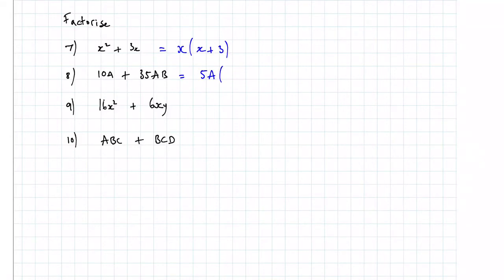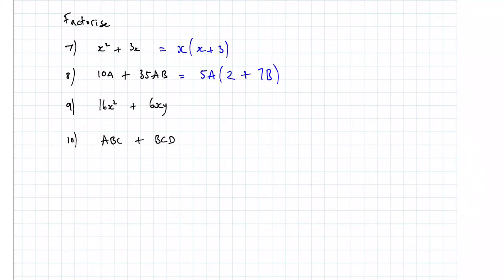Some of you have left that a inside your bracket, which means you've not fully factorised. If you think about how to solve the rest of this problem, 5a multiplies by 2 to make 10a. So actually I want a 2 there. If we do that same process again, 5a multiplies by 7b to make this bit here. So I want 7b. And that's that question done.